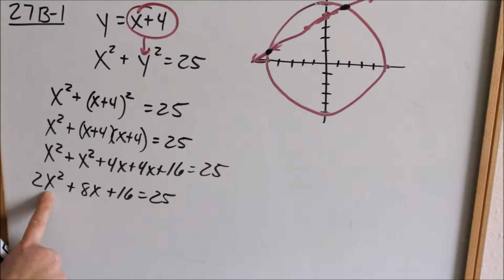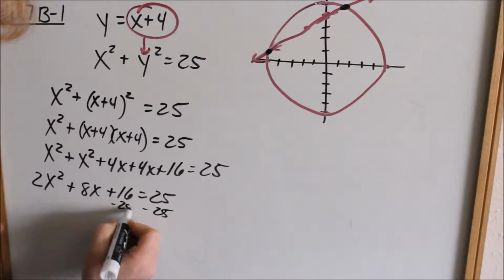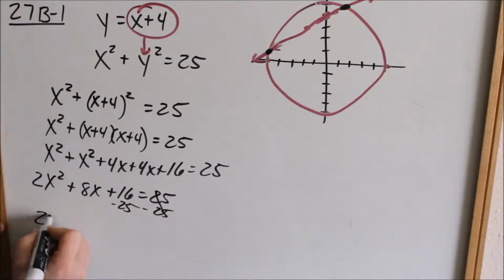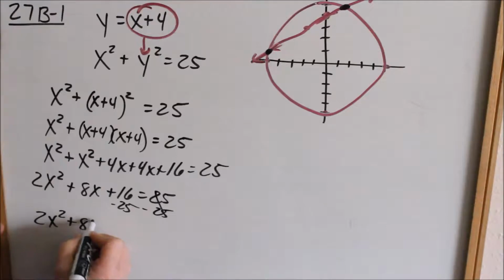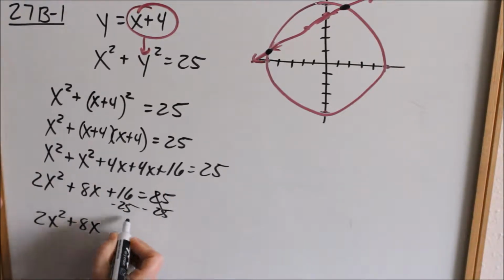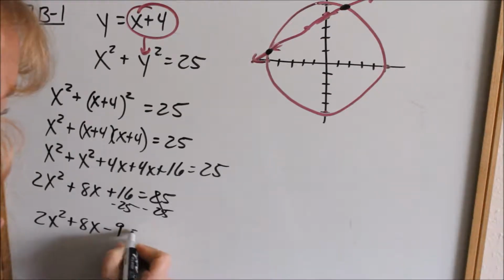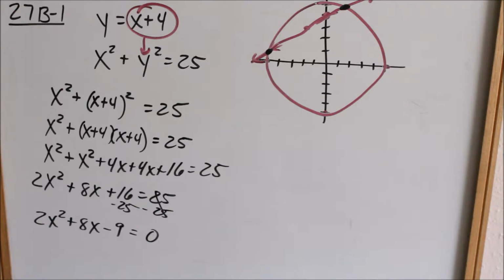How do I solve for x in a quadratic equation? The first step is to set it equal to 0. So I need to move my 25 over and set this equal to 0. Then I have 2x squared plus 8x, 16 minus 25, I believe that's negative 9, equals 0.